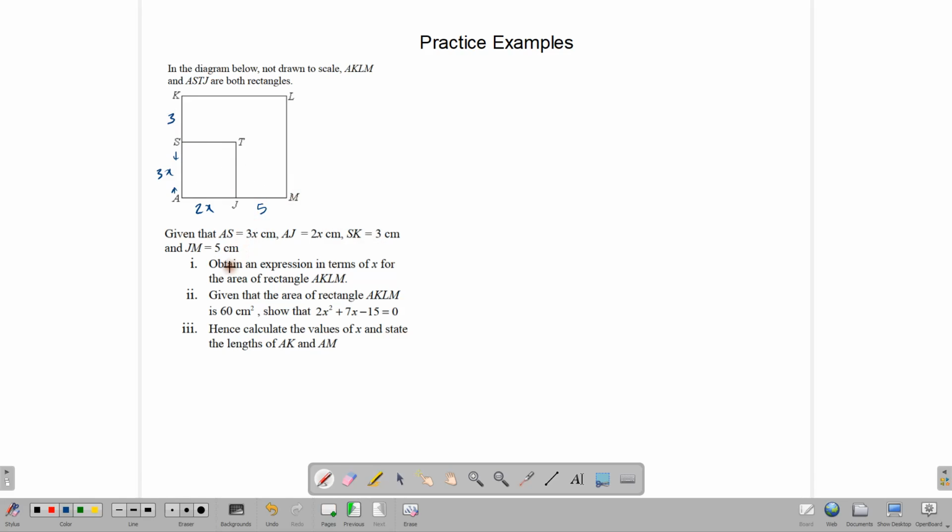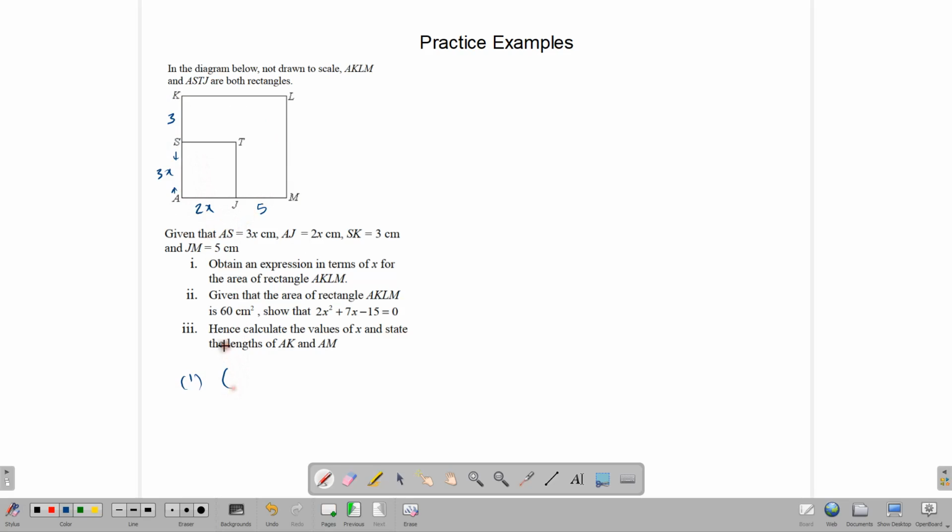We are now told to obtain an expression in terms of x for the area of rectangle AKLM. That's part 1. The area of a rectangle is usually found by multiplying the length times the width.